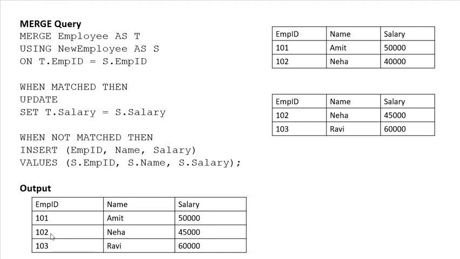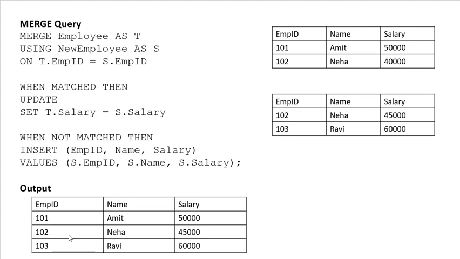The salaries are compared, and the 102 record exists in both tables, but the new employee has an improved salary, so the improved salary is written in this table: instead of 40,000, 45,000 is shown in the output.